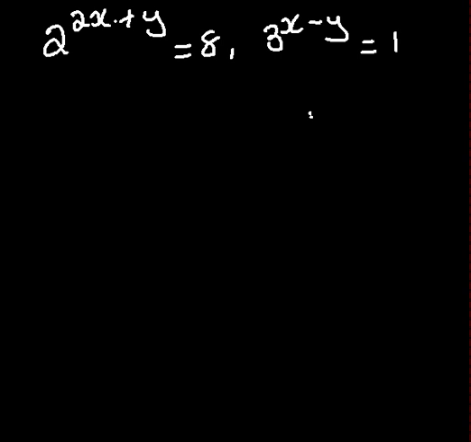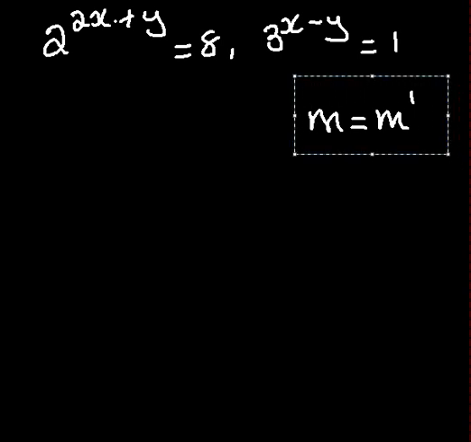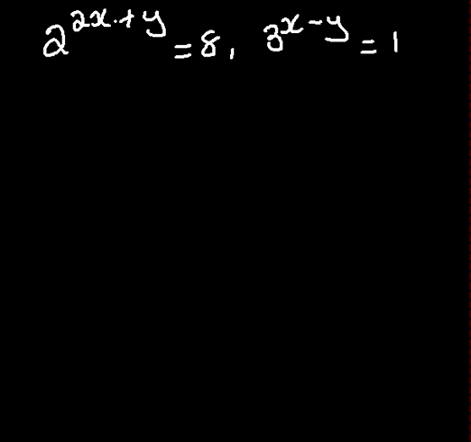If we have a number m, this is the same as m to the power 1, because 1 is always neutral when presented as the positive power. So we have 2 to the power 2x plus y, which is equal to 8 to the power 1.